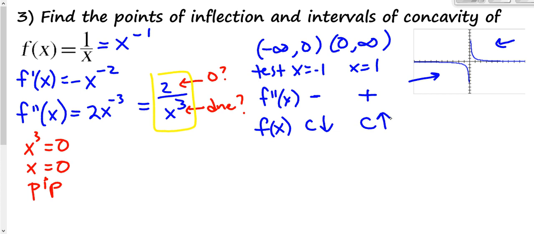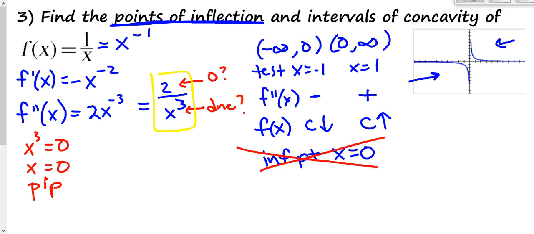Here's the thing about the point of inflection, though. If the point of inflection is not actually a point of your function, then you don't call it a point of inflection. So we would be tempted to say that we have an inflection point at x equals 0. However, we can't say that because 0 is not in the domain of f of x.